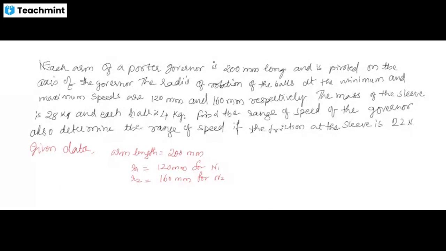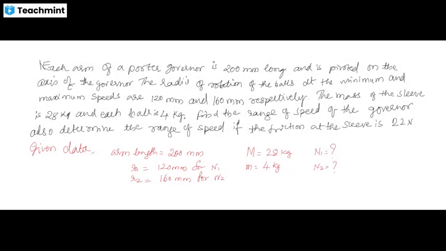Mass of the sleeve capital M is 28 kg and mass of each ball is 4 kg. So you need to find out n1 equal to what, n2 equal to what.